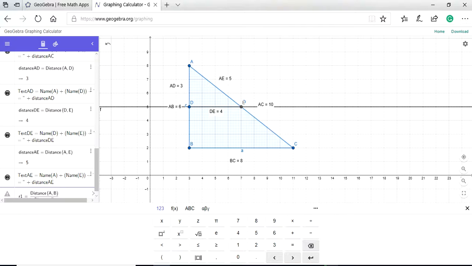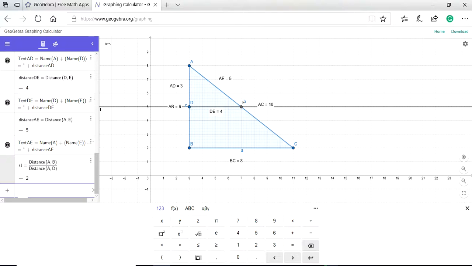So those two are what's going to be similar to each other. So that's the side of it. So A to D. So we see it is 2.